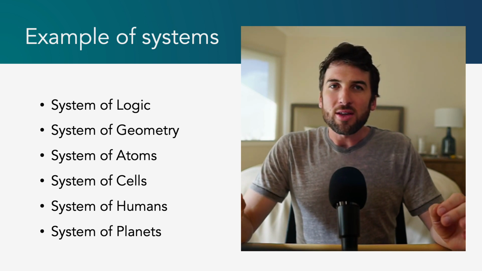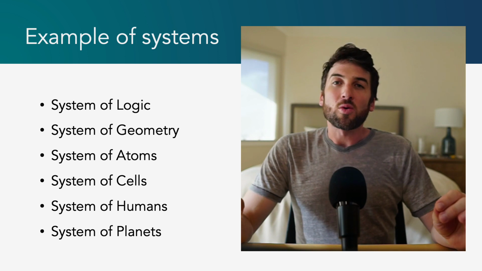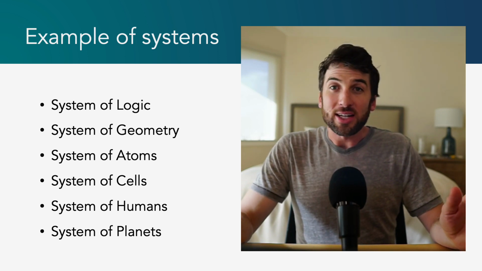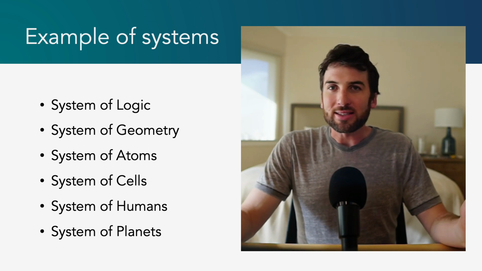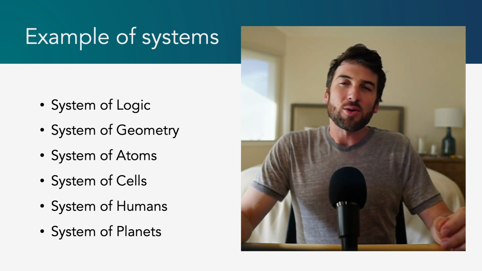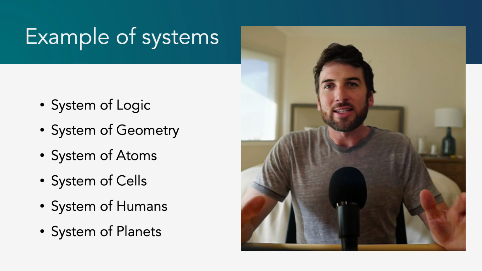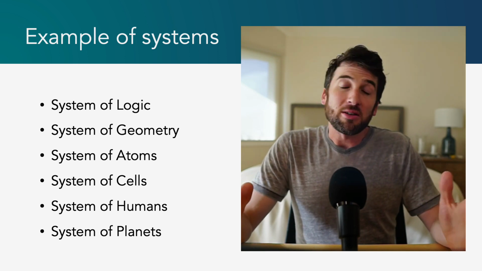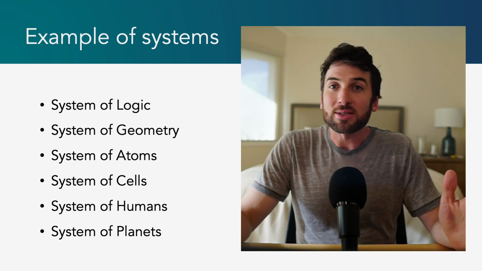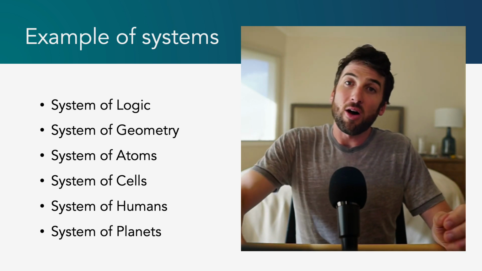Now, systems can also model real patterns of nature, including atoms, cells, humans, and planets like the solar system. So a system is a really generalized thing about elements and relations, whatever they may be: logic, geometry, atoms, cells, humans, society, all of that.